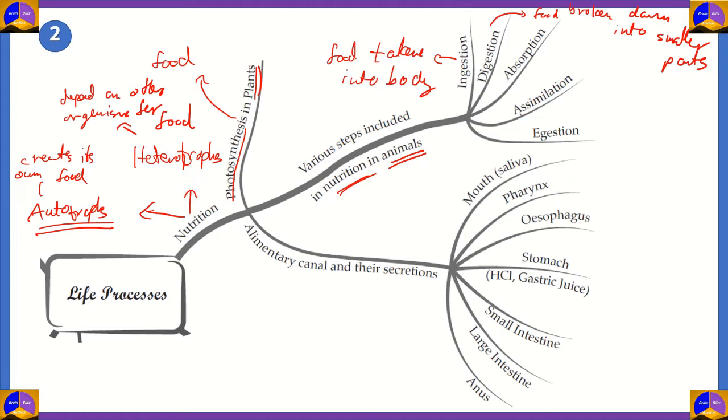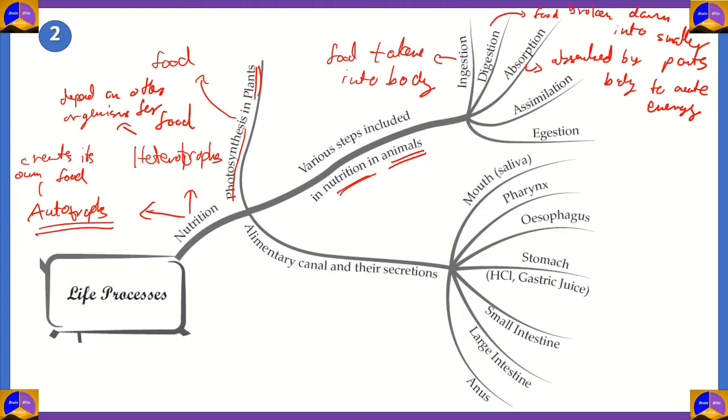Now, absorption is where the nutrients are absorbed by the body to create energy. So we need carbohydrates to be converted to sugars so that they can create energy.